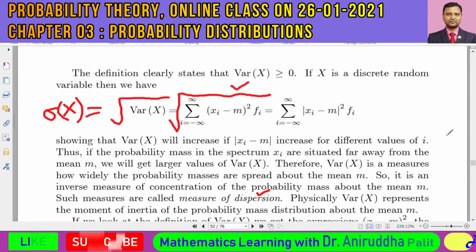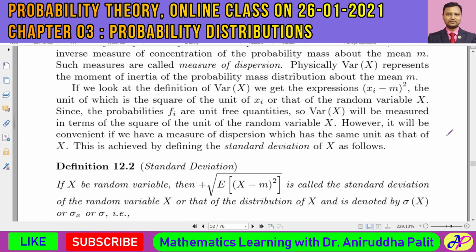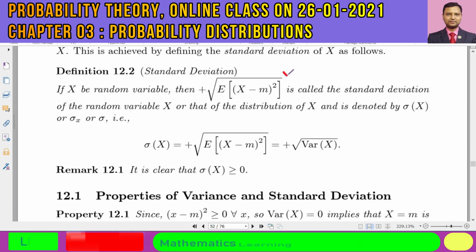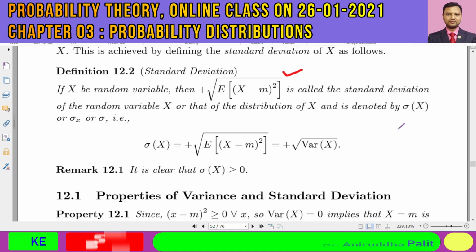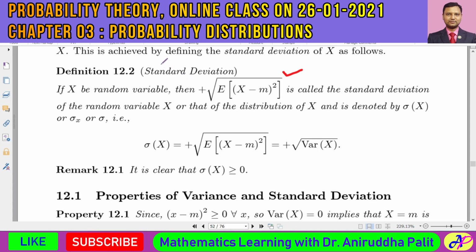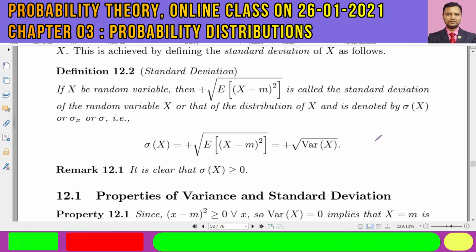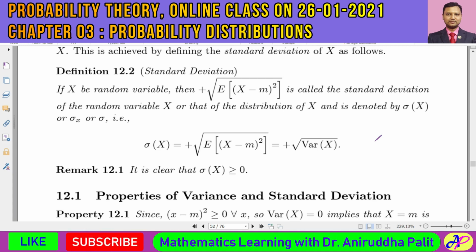Okay, that's why the standard deviation is also sometimes called the root mean square deviation, or simply by its standard name, the standard deviation of the random variable x. So that is the idea behind proposing one more measure, the standard deviation.